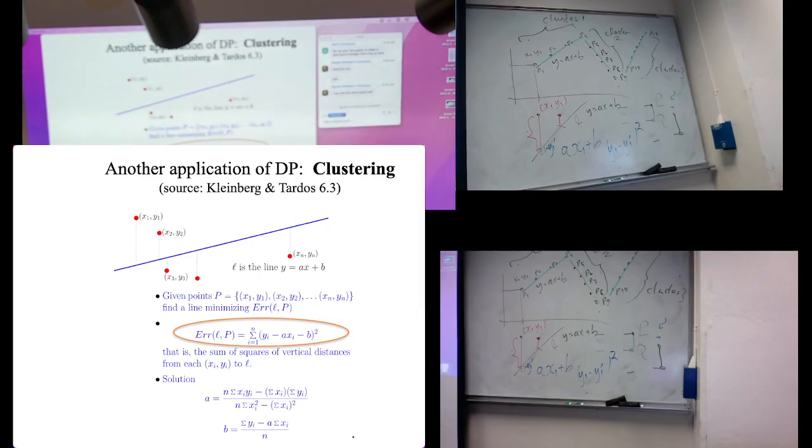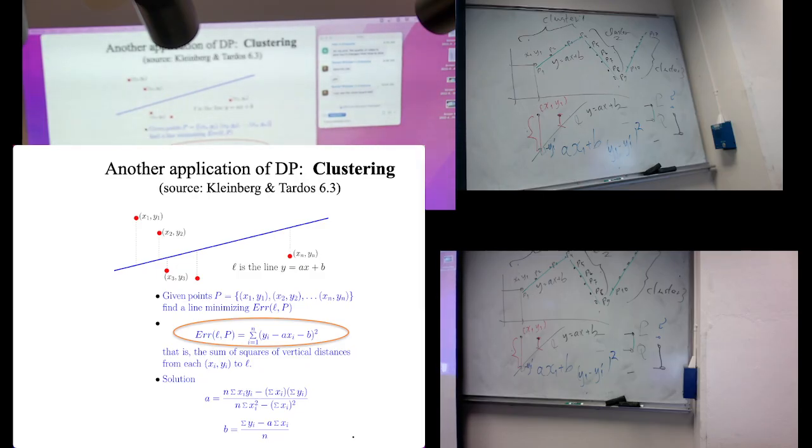What is the error? The sum of the error with respect to x1, this distance squared plus this distance squared plus this distance squared plus this distance squared. If I use this value of A, this value of B, then this error will be as small as possible for this set of points.